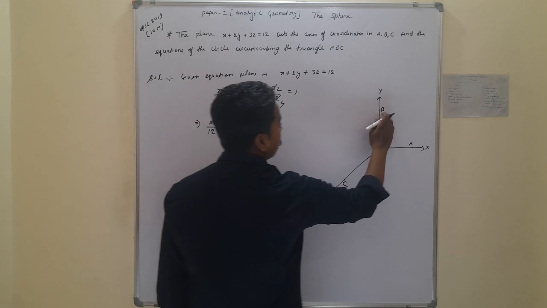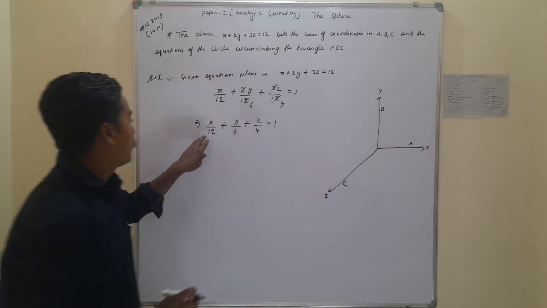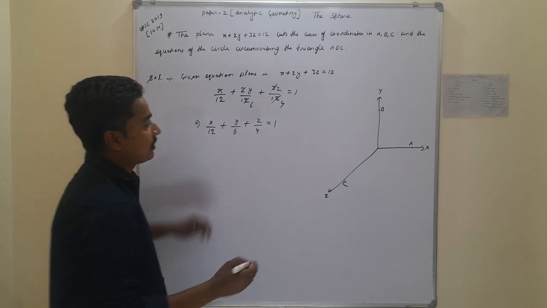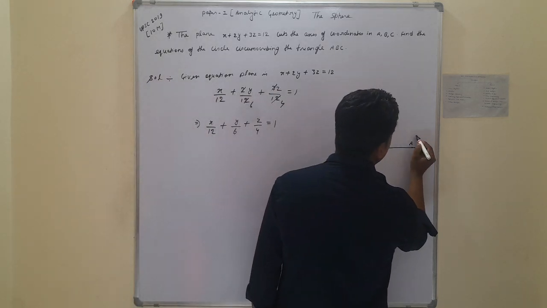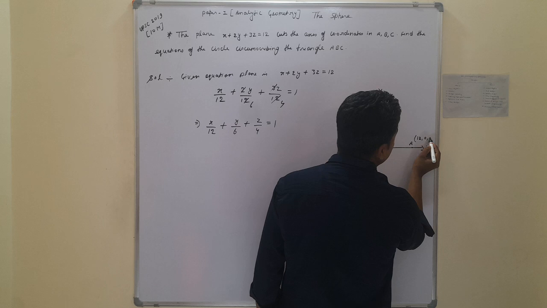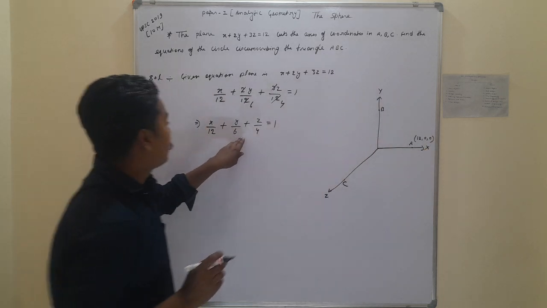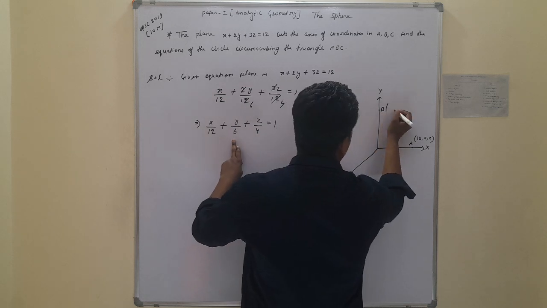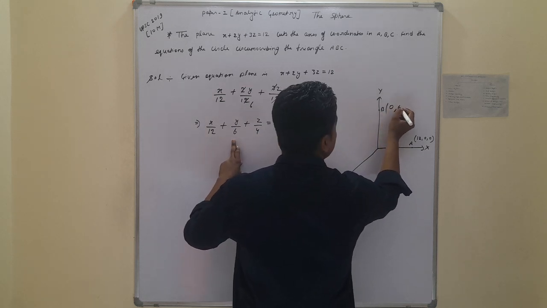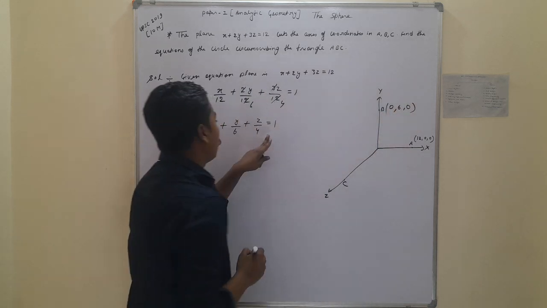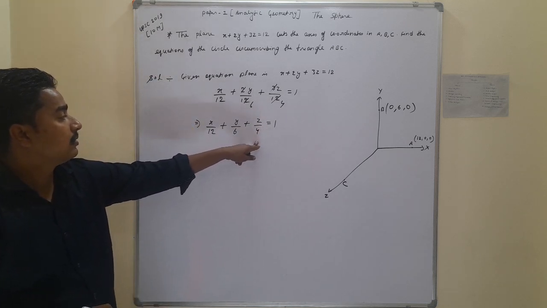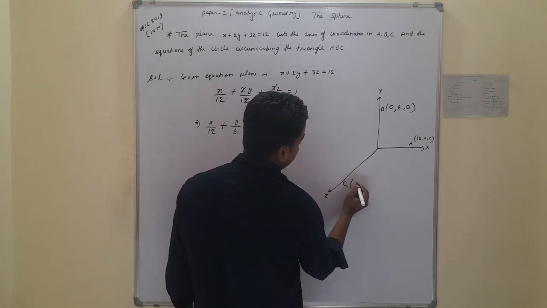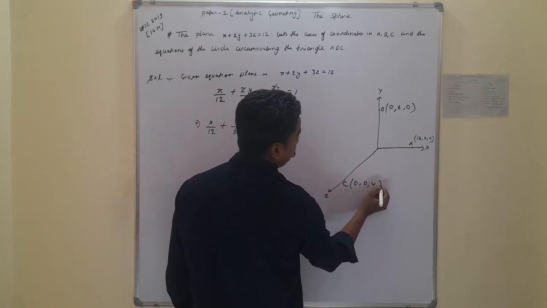The intercept on the x axis is 12, so A is (12, 0, 0). The intercept on the y axis is 6, so B is (0, 6, 0), and the intercept on the z axis is 4, so C is (0, 0, 4).